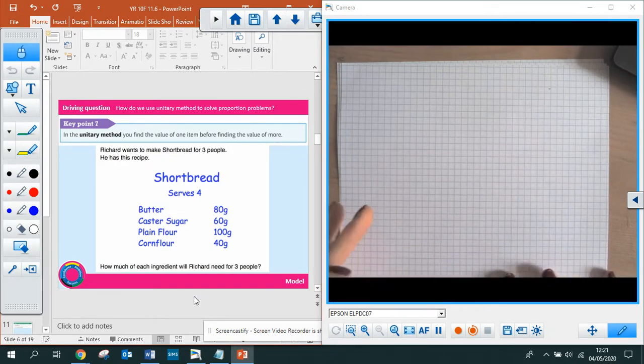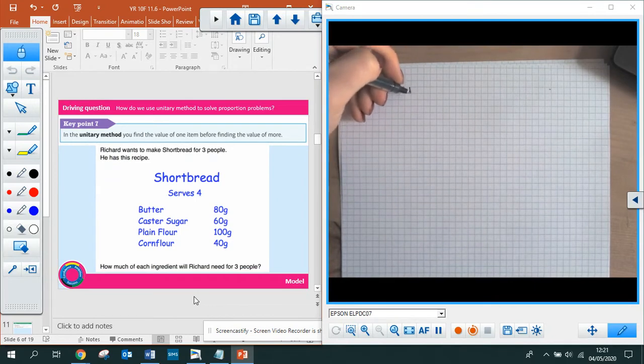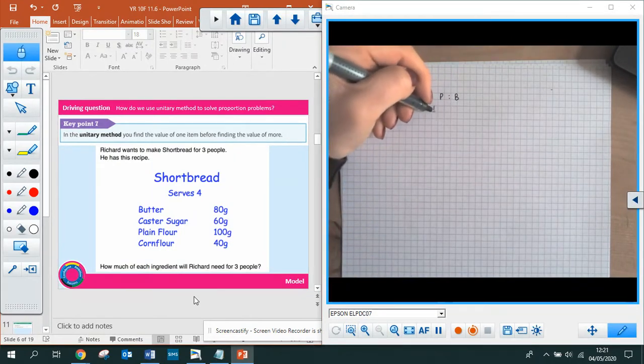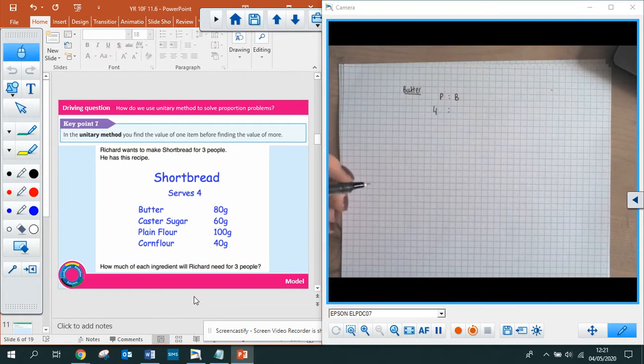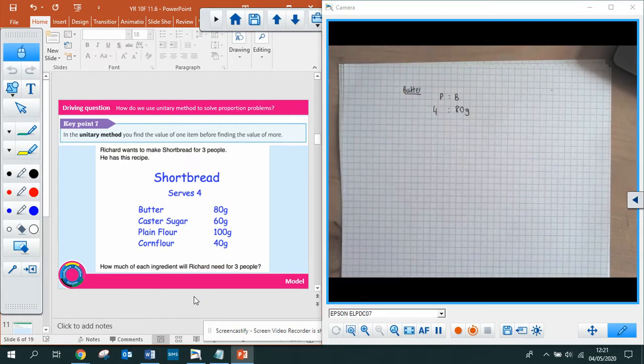So let's start with the butter first, and follow the same approach as in those examples before: the number of people to the ingredient. We've got 4 people to 80 grams of butter. We can't easily get from 4 to 3.